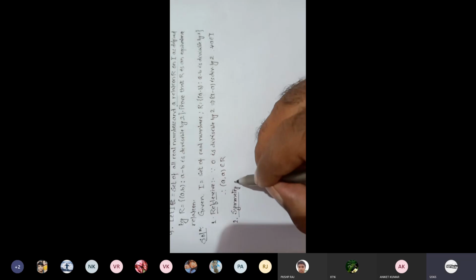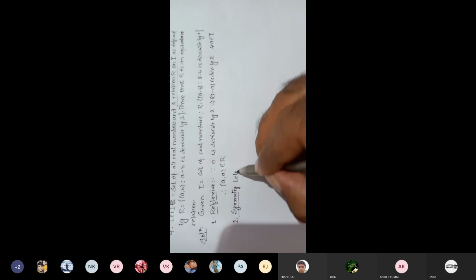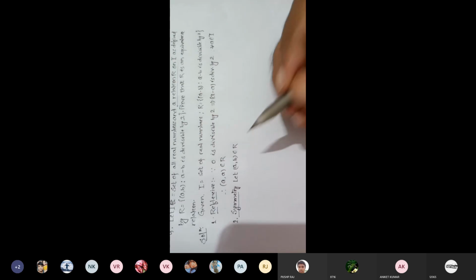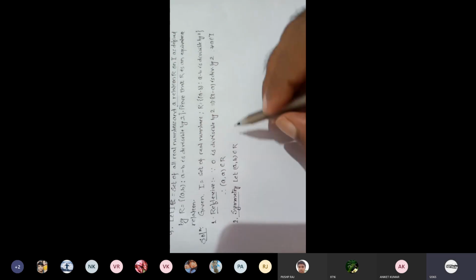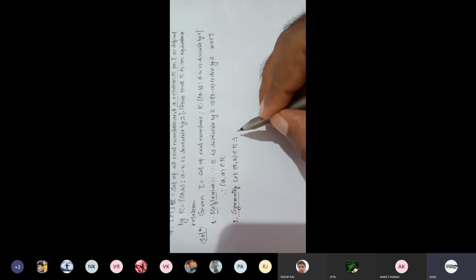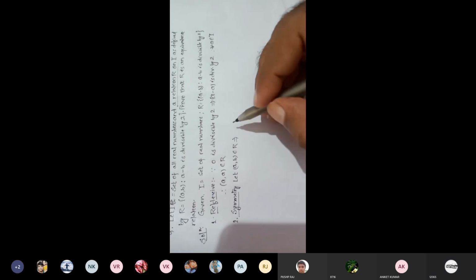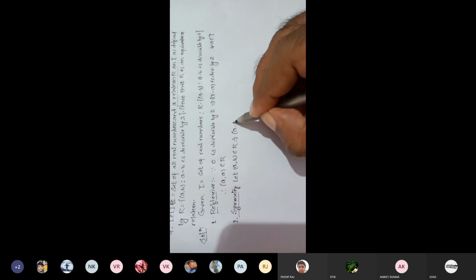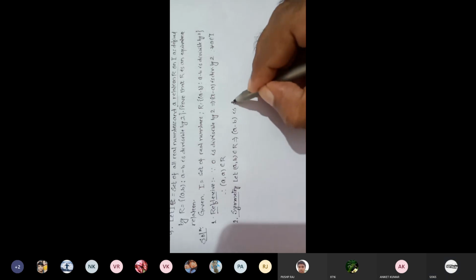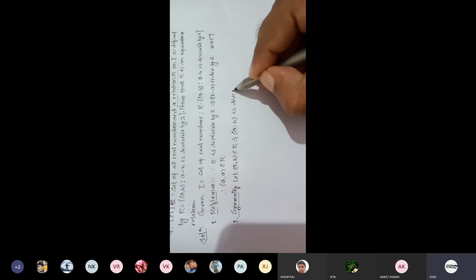If A, B belongs to R, so we consider, let A, B belongs to R. A, B belongs to R means A minus B is even. Even means A minus B is divisible by 2.